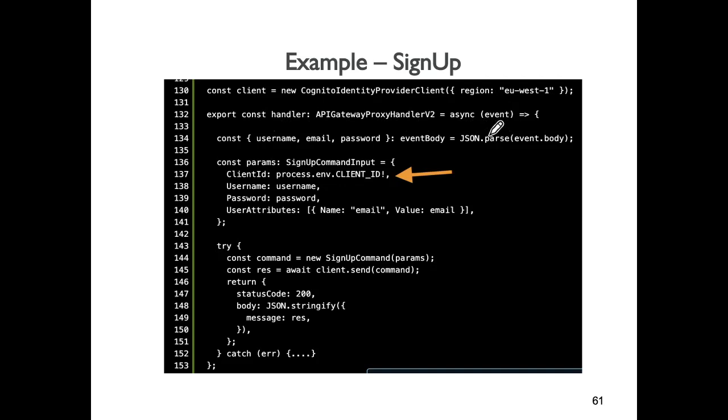And that's what I'm doing here, event.body. But if you actually looked at the body of the event object, what it will contain is a stringified version of the HTTP request body.